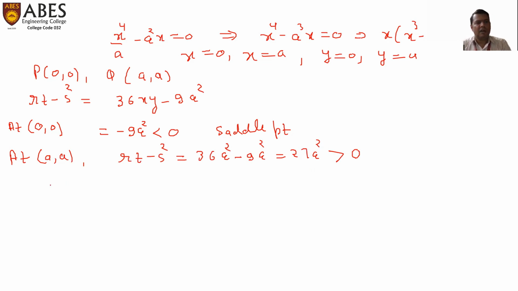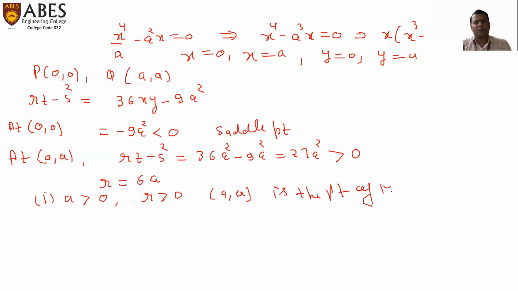Now we check R. So R is 6a. Now there are two possibilities. First, if a is greater than 0, then R is also greater than 0. So (a, a) is the point of minimum.